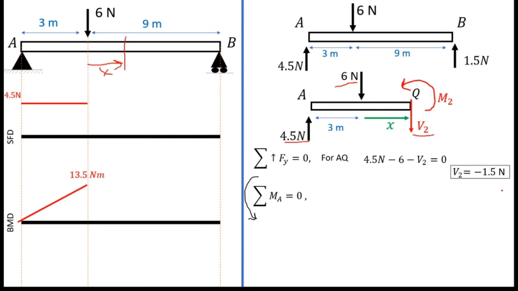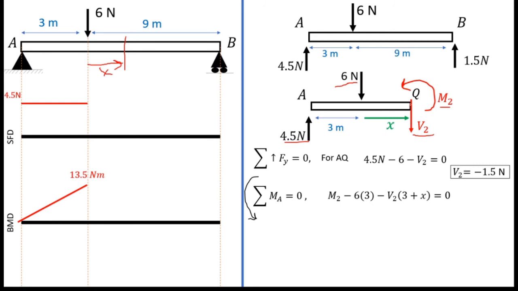Next I am going to take the moment about point A. If I take moment about point A, I can write plus M2 and minus 6 Newton, minus because the 6 Newton is in the other direction. I consider the counterclockwise direction. The moment due to the 6 Newton force is clockwise, therefore I put a minus sign here. 6 is the force and 3 is the distance between point A and this point load, and then minus V2.